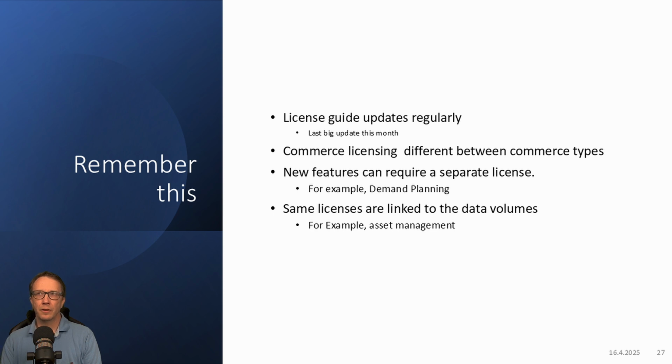If there are 4 things I would like you to remember, it is that the licensing of Microsoft updates quite often. There are small additions done, not monthly, but maybe quarterly. And some bigger additions come around. You never know when they come around. And the biggest one, let's say the last bigger one was this month, when there was actually news that Microsoft will be requiring that the ERP license is allocated to a specific user.